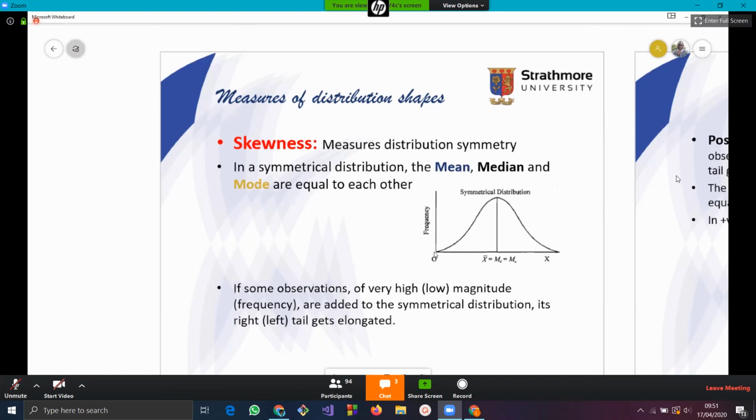There's usually a frequency here, and then the x values are down here. The x values are the ages that we have down here. Let's say most of the students have the age 22.